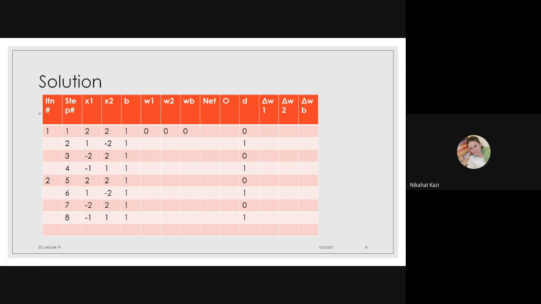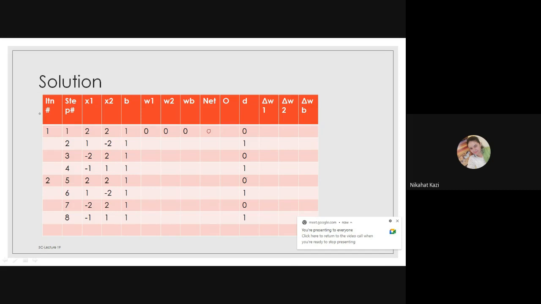So what do we need to do? The same procedure. Only thing is now we have an additional input. So quickly we'll solve this problem. So 2, 2, 1 and 0, 0, 0. What is the net value? Net value is 0. Now which activation function are we using here?